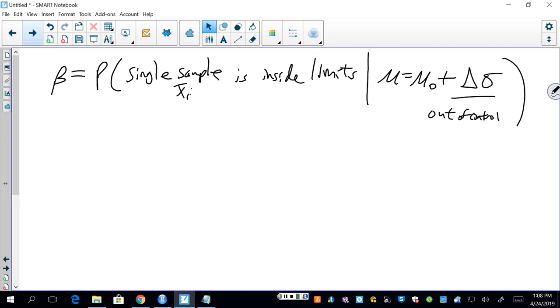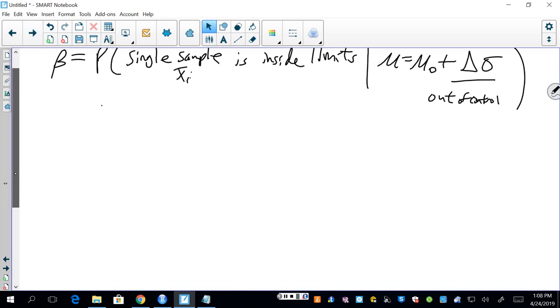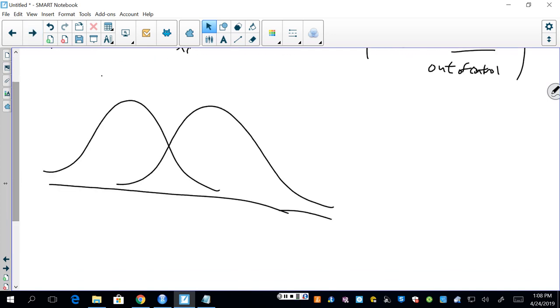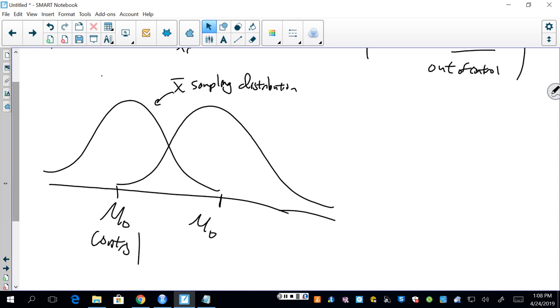This is calculated by drawing a picture, very much like we did with hypothesis testing. Near mu sub 0 is in control, and these are the sampling distributions of x bar. And this is the alternative: if something goes wrong, mu sub 0 plus delta times sigma, so many standard deviations away from that average.